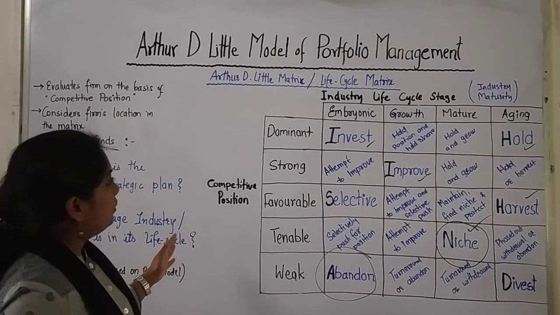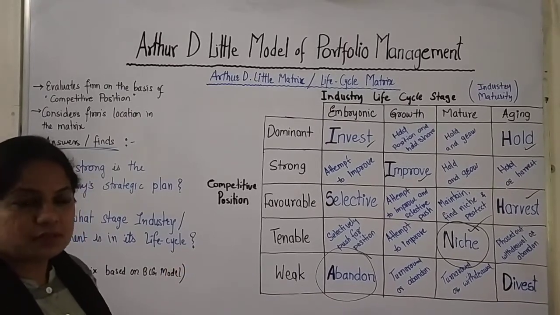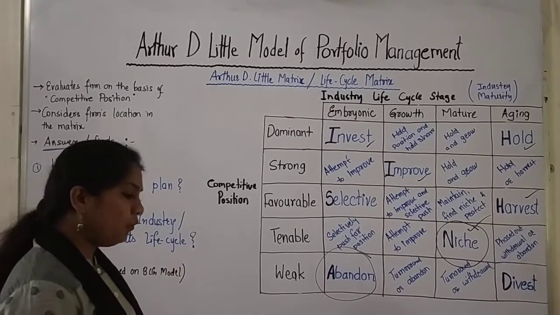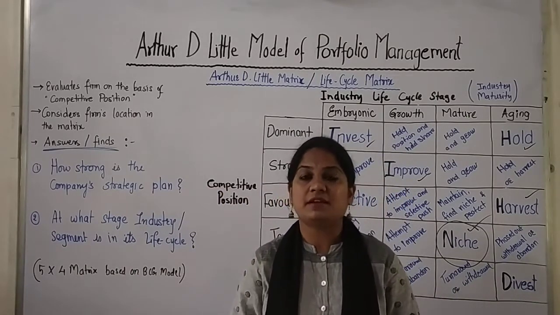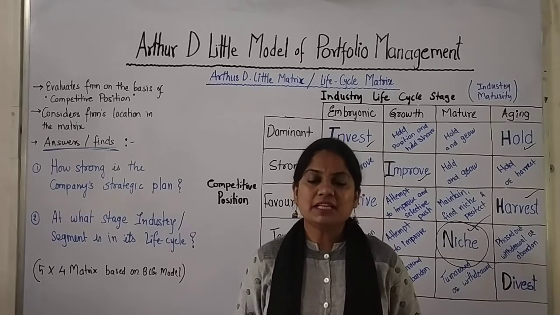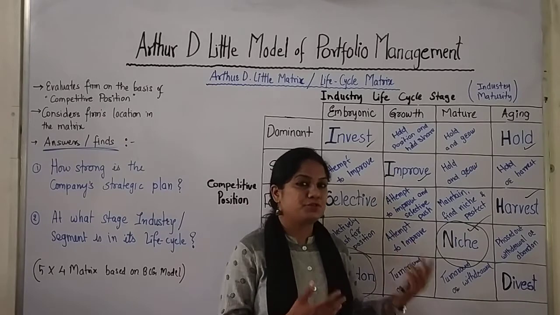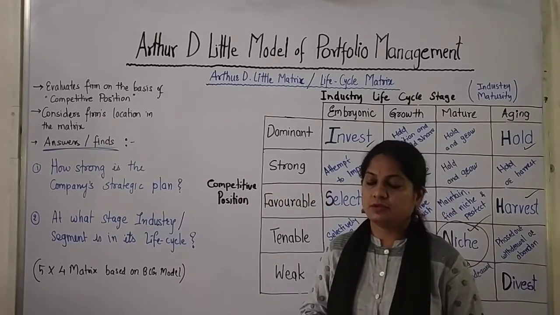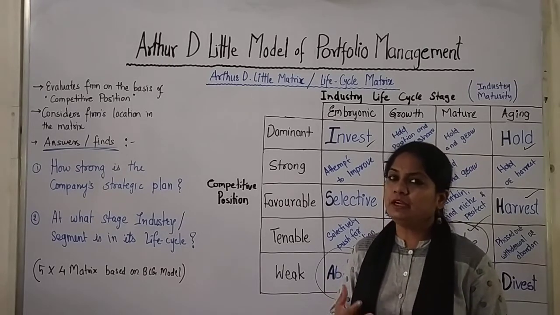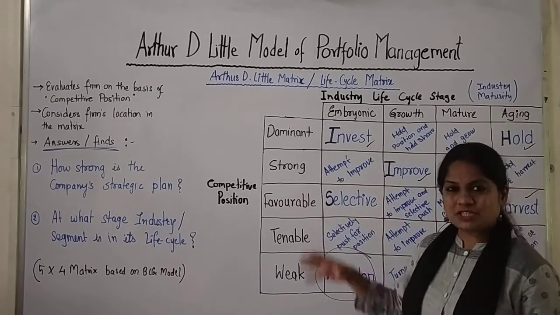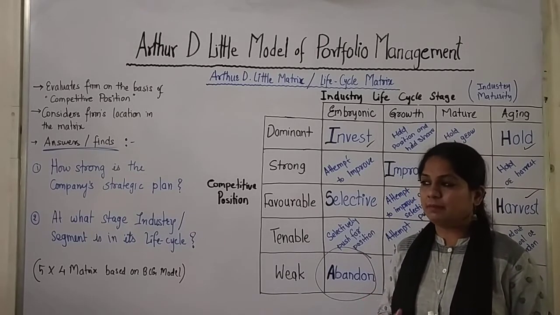Now let us understand what is the use of this matrix and also what are the challenges of using this matrix, because there will be some disadvantages also. Advantages are, you are in a position to find your industry's position with the help of this matrix, but it is quite difficult because these competitive positions vary very fast.